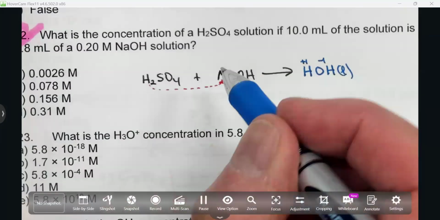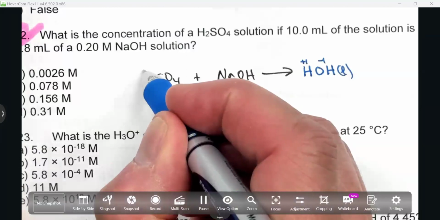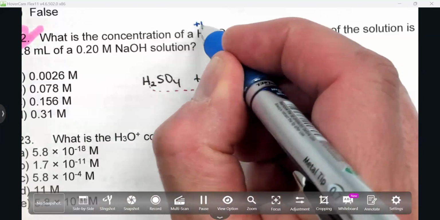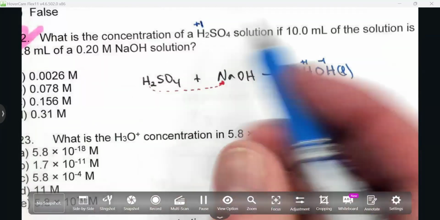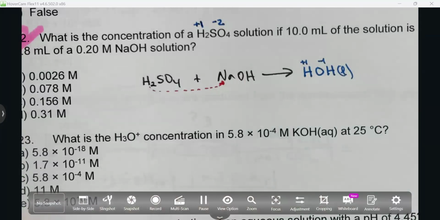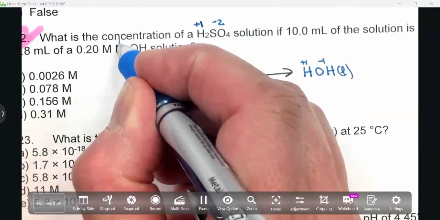Now I should point out, I can do it right up here. This is +1 for the hydrogen of the acid, sulfate -2. For sodium hydroxide, +1, -1.